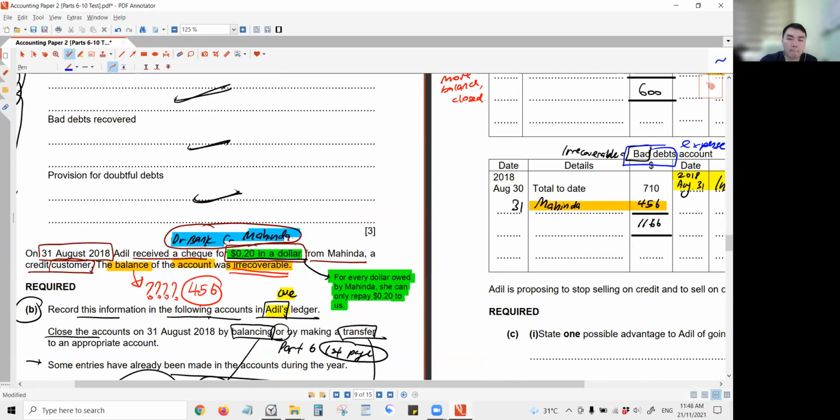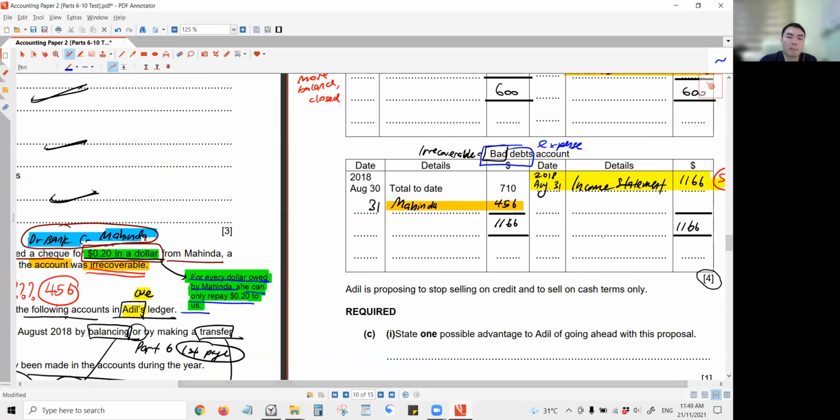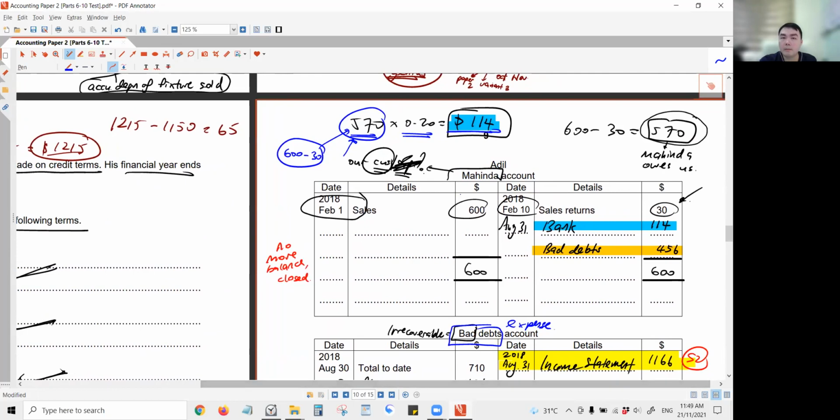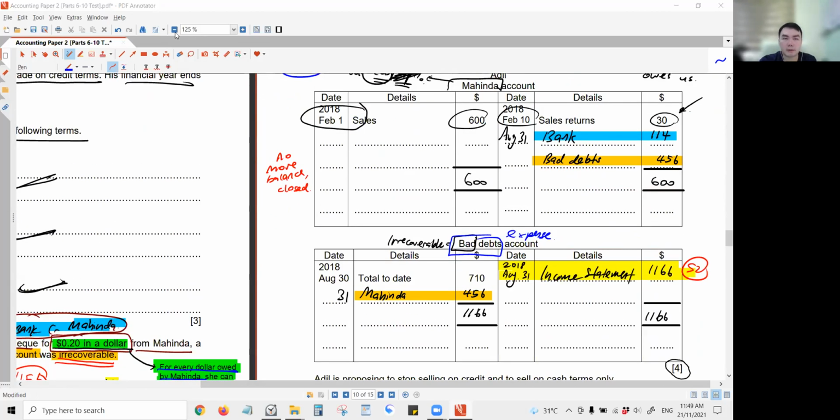Because for every dollar still owed by Mahinda to us, she can only pay 20 cents. So you take 20 cents times the amount she still owes to us, which is 570. Then you get the 114. The amount still owed is 570, then times 20 cents. That's the amount written on the check. Okay, so that's it for this question.